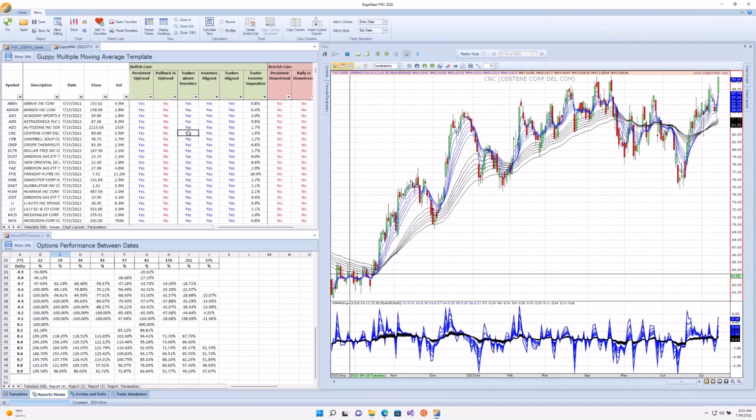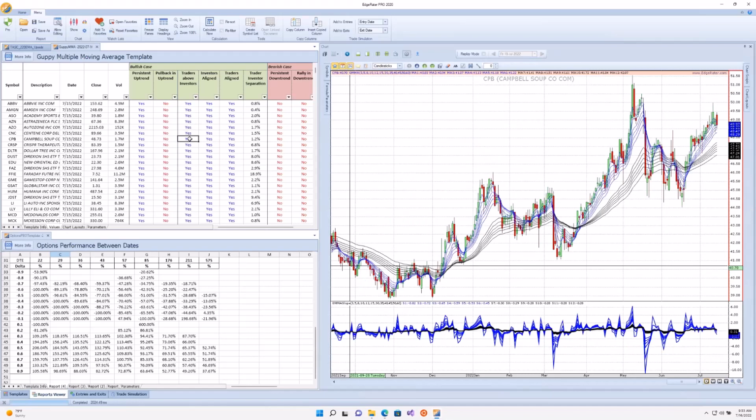You can quickly bring up your favorite template and quickly run a scan. The purpose of this webinar really is not to recommend any trading strategy, but to show how you can use templates and what the templates can do for specific cases. So for instance, I don't personally recommend that you follow the Task Magazine article or Guppy here with the trend trading.